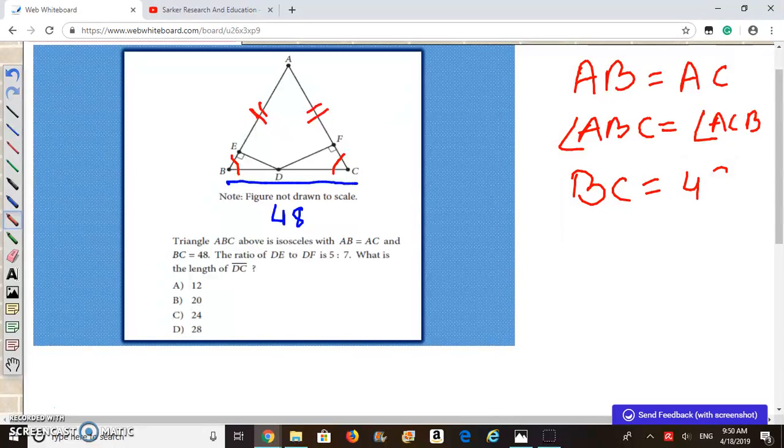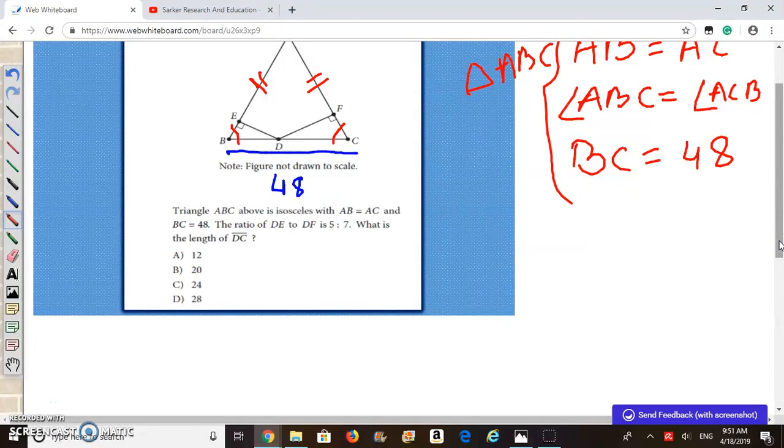These are all for triangle ABC, all in red. Now we have two more triangles, which are DEB and DFC. It has been given that the ratio of DE to DF is 5:7, and we will have to find the length of DC.